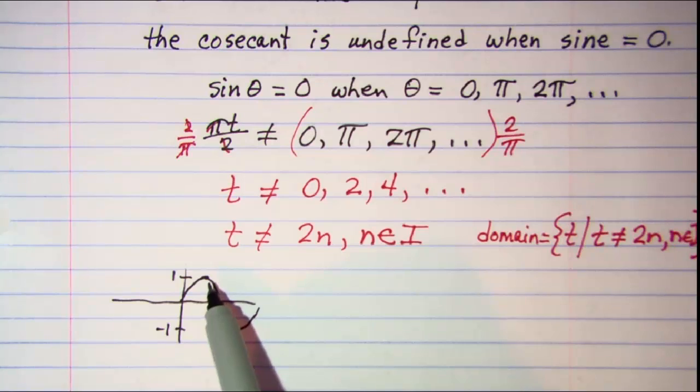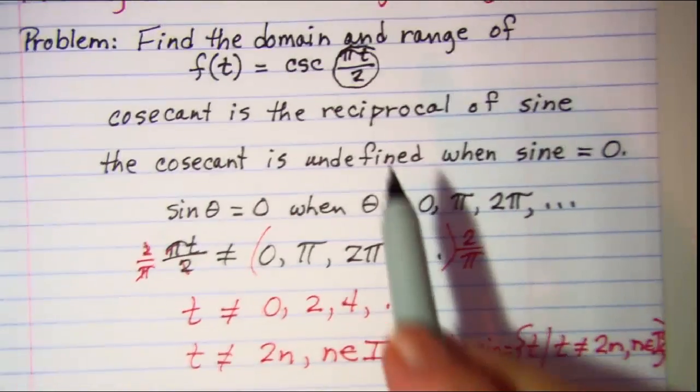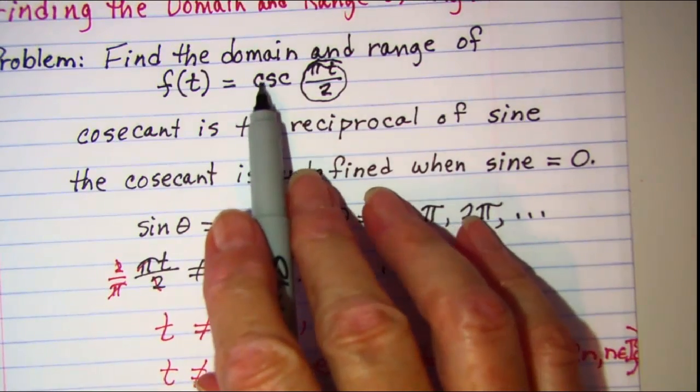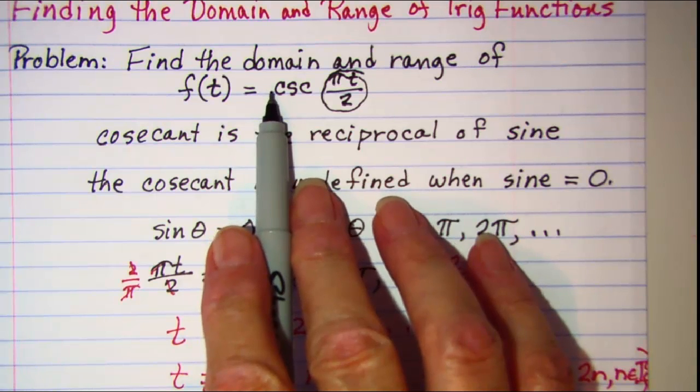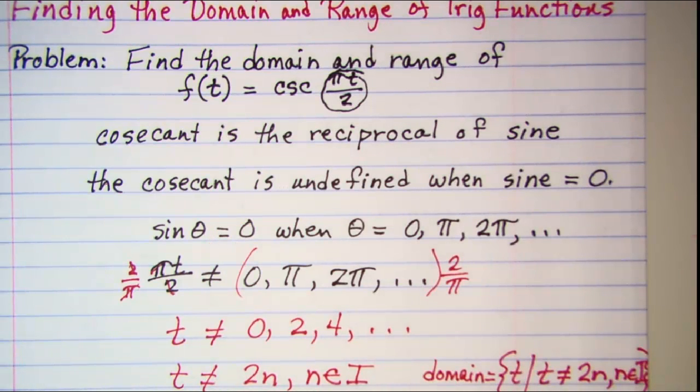Now the amplitude of the sine curve is designated with the coefficient in front of the trig function. So in this case, we're still dealing with a sine curve that has an amplitude of 1.